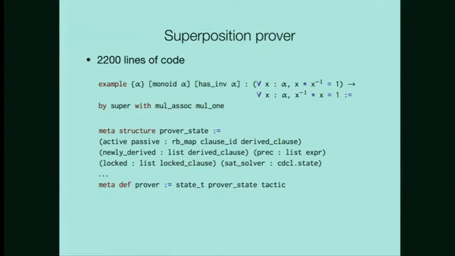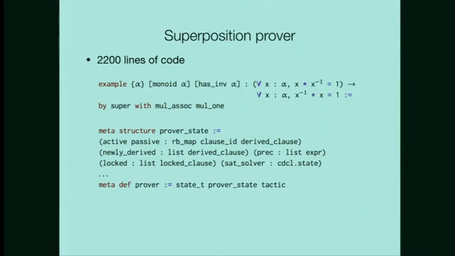You can say by super, you provide these two lemmas, and superposition is going to use these two lemmas, and you prove it automatically. But I'm not going to try to explain what a superposition prover is. It's sufficient to say that many automated theorem provers for first-order logic are based on this technology, like Vampire, E, and so on. But we're using the same technique.